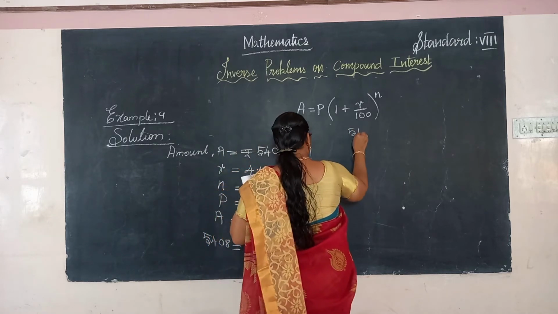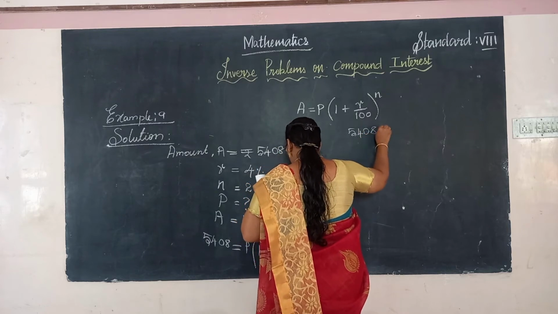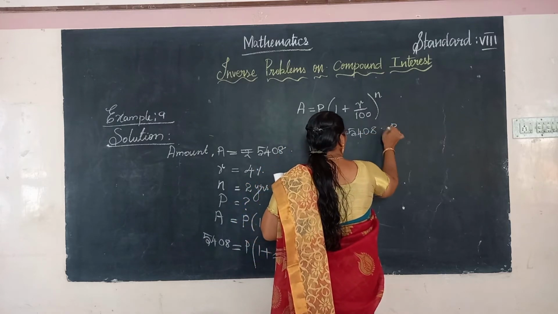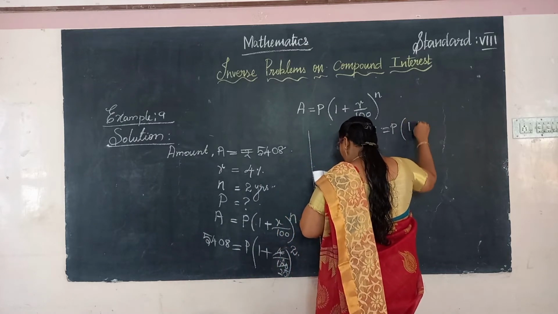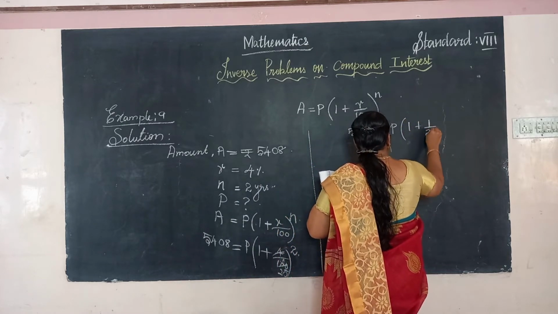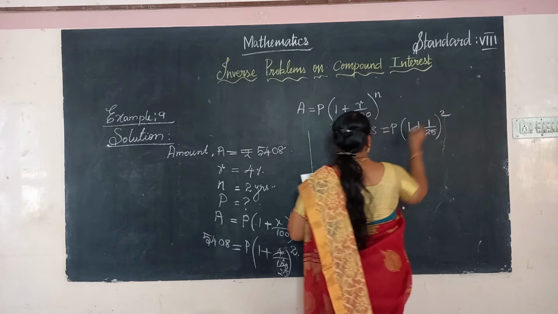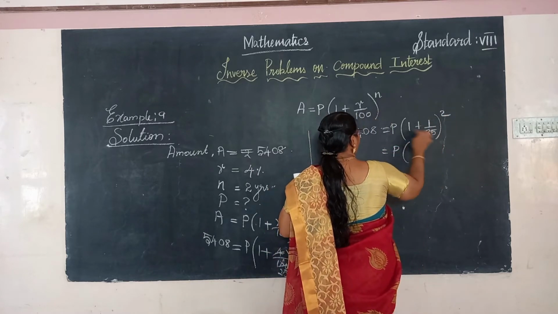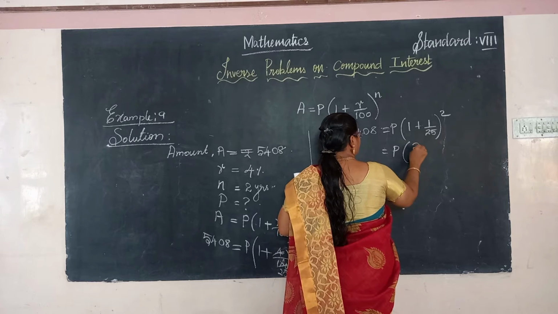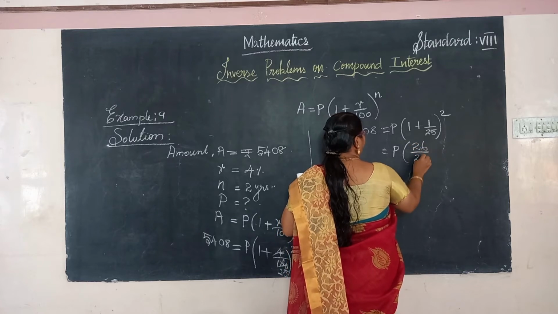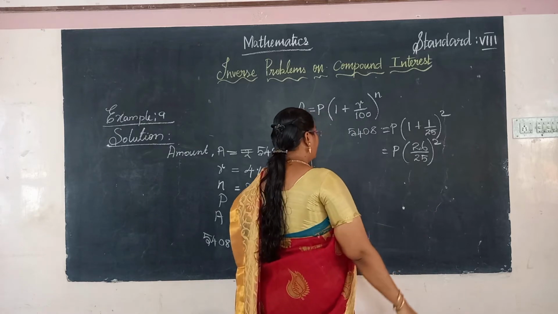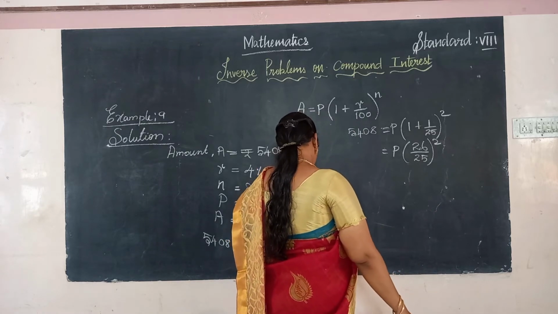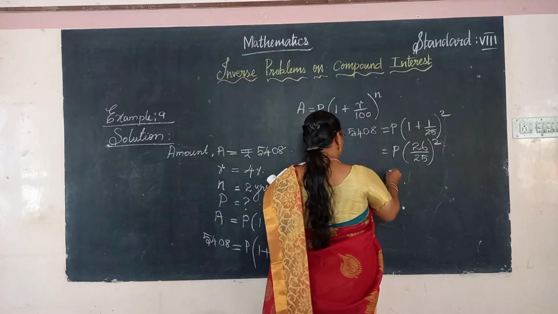So, 5,408 is equal to P of 1 plus 1 by 25 the whole square. P of 25 plus 1, 26 by 25 the whole square.